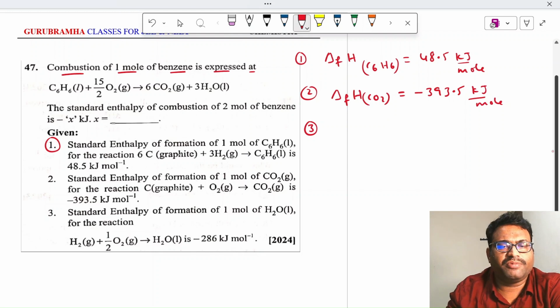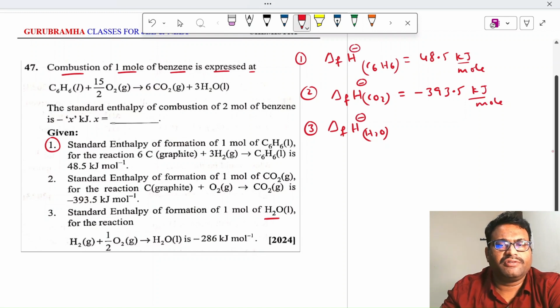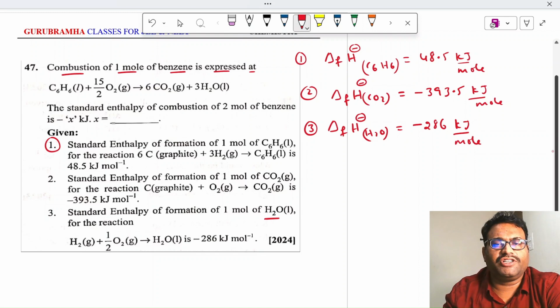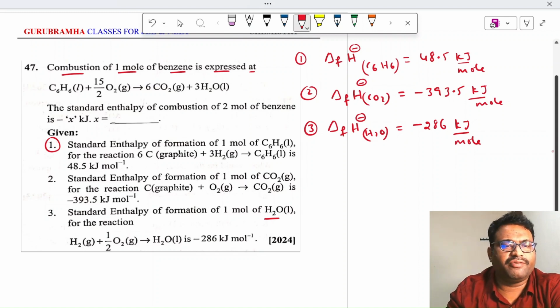Standard enthalpy of formation of water, which is equal to minus 286 kilojoule per mole. These are all standard enthalpies. So these three are given.